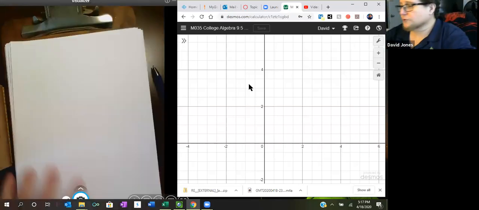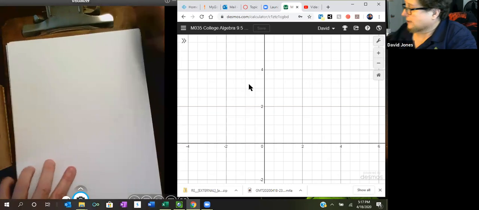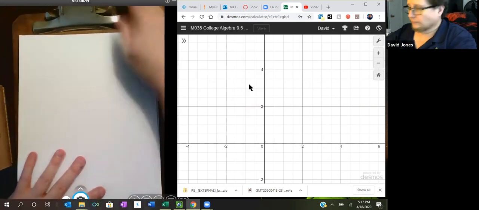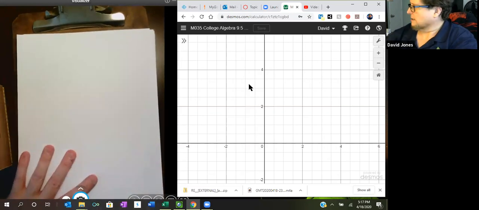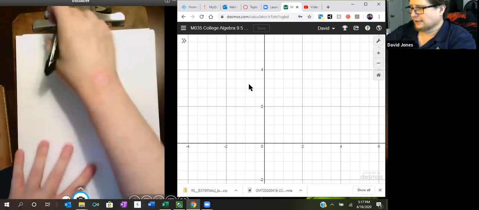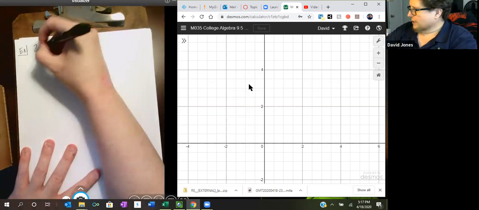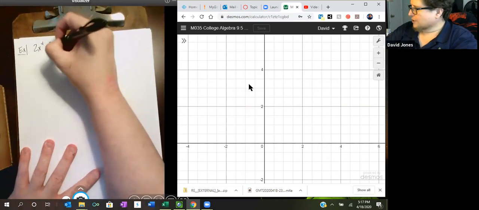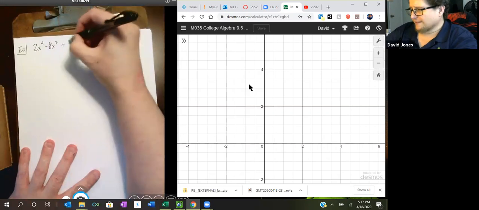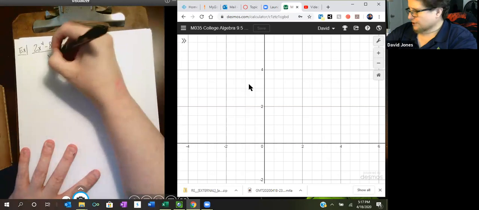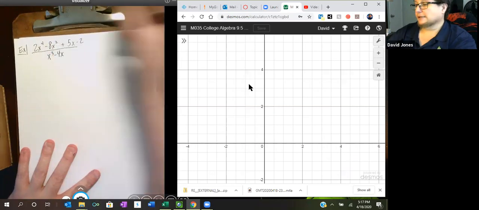This is a crucial tech skill to learn for calculus, crucial. So we'll start off with 2x to the 4th minus 8x squared plus 5x minus 2 divided by x cubed minus 4x.